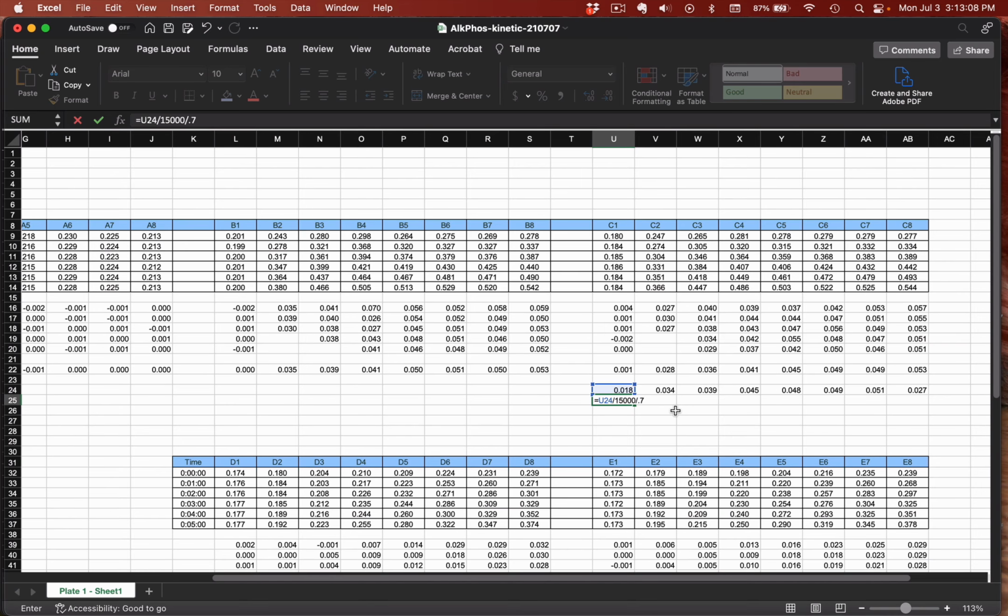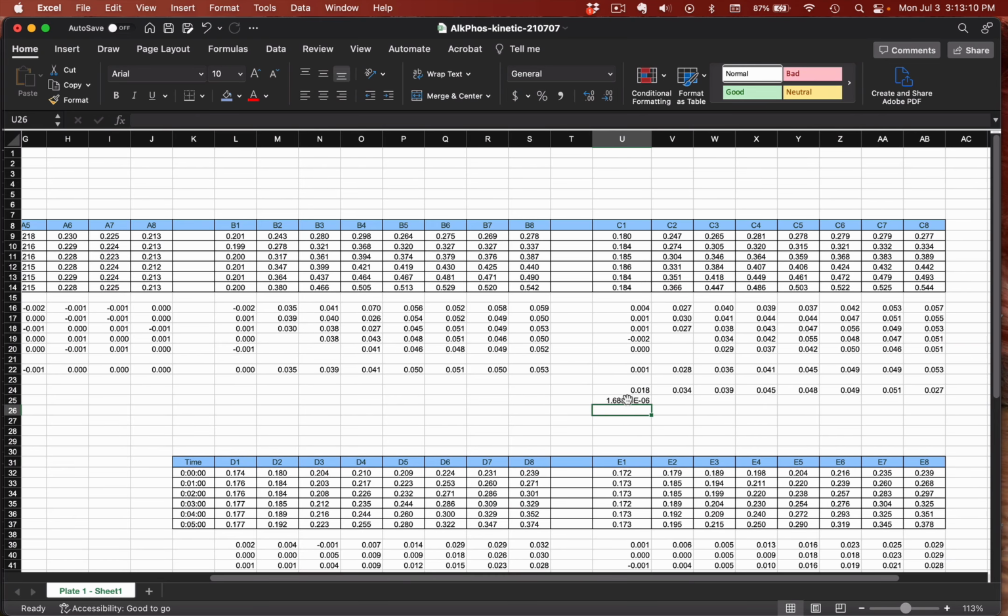The concentration in this case is going to be molar. I figure the easiest thing to do is to use micromolar. You're welcome to use nanomolar, millimolar, whatever you want. But since this is in molar and I want to change this to micromolar, I'm going to say that equals the value we just obtained, multiplied by 1e to the 6th.